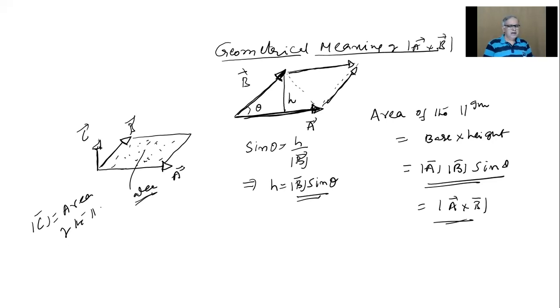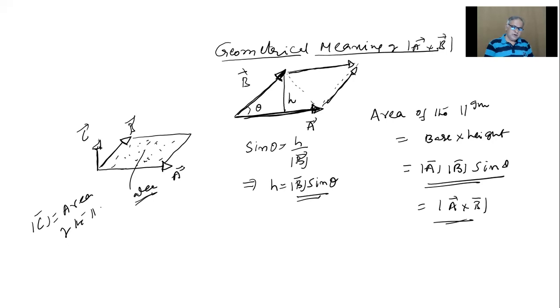If you want to really see the angle there and form a parallelogram, it should be greater than 0 and less than 180, right? At 0 you don't form a parallelogram, so the area will be 0, which means the cross product is a 0 vector. And if the angle is 180 also, it doesn't form a parallelogram, right? Even there, it is 0.